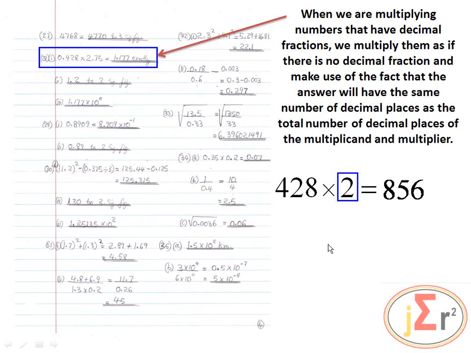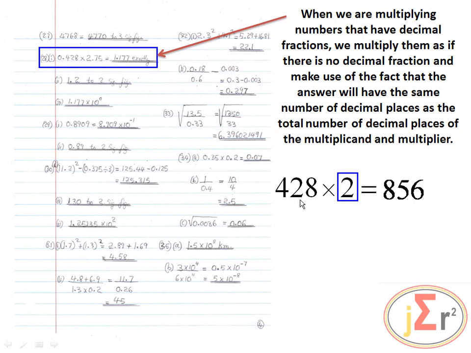Surely, it should not be beyond anyone at the CXC CSEC level to understand that 2 times 28 is 56. Maybe one might want to say 4 times 14, because 2 times 28 is the same as 4 times 14.